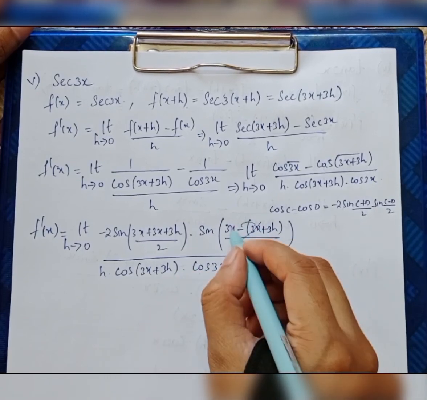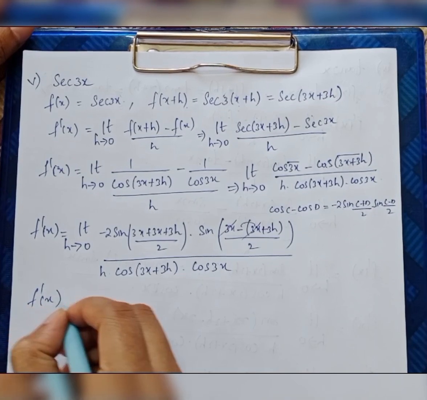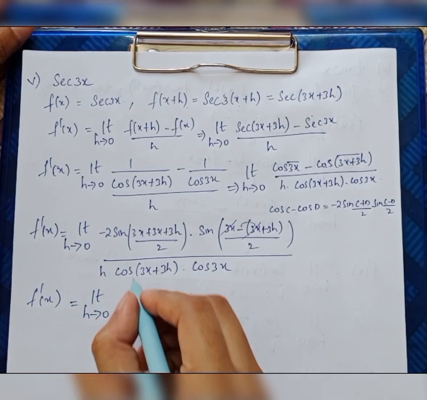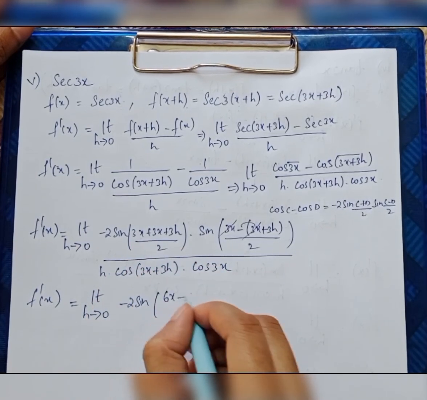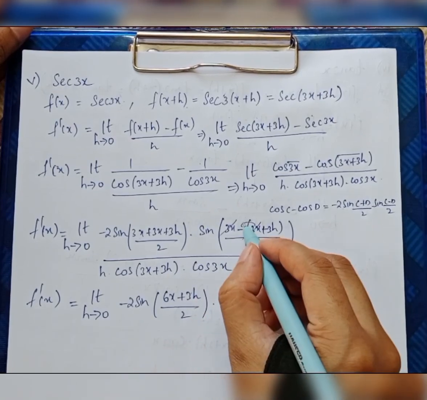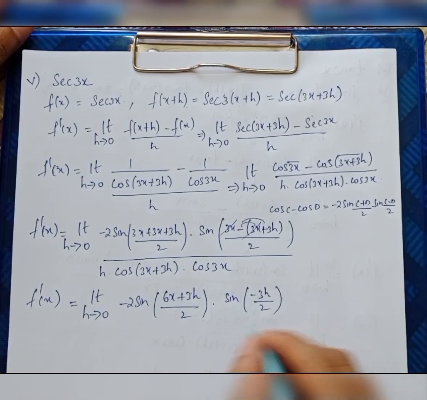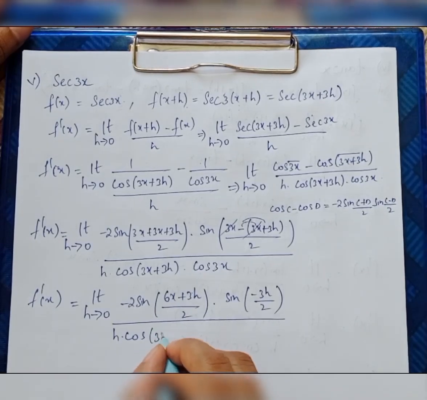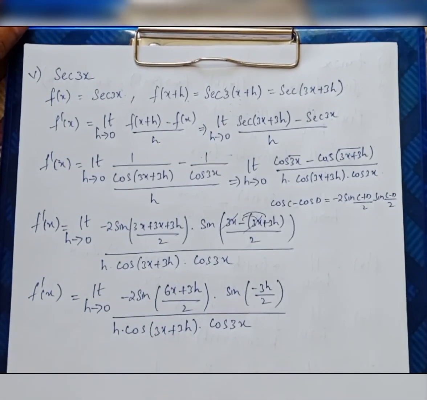Here this negative is inside, so this gets cancelled, and adding up the x terms, f'(x) equals limit h tends to 0, minus 2 sin[(6x + 3h)/2] into sin[(minus 3h)/2] whole by h into cos(3x + 3h) into cos 3x.